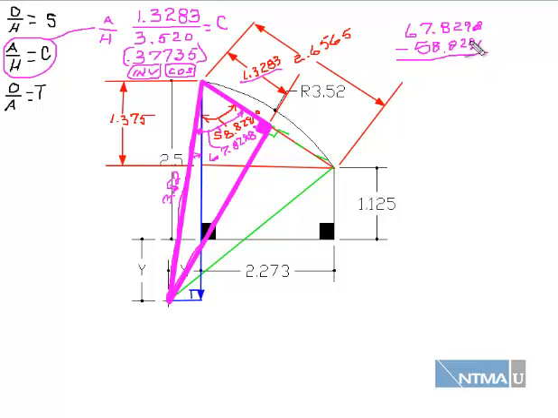Okay, 9. I'm going to get this small angle inside here. Okay, let's go ahead and do that.